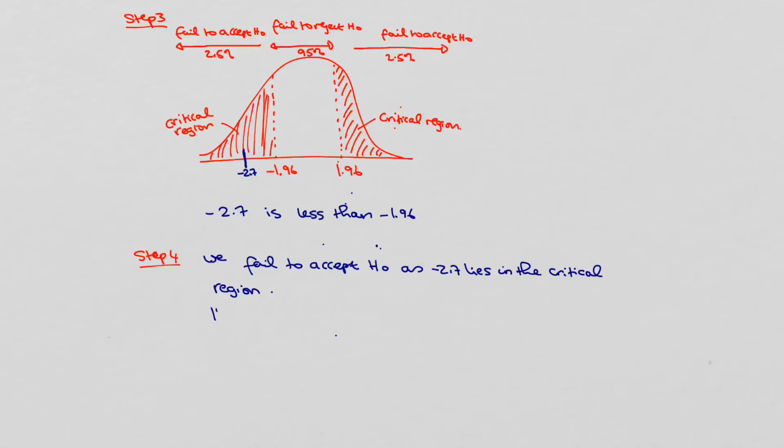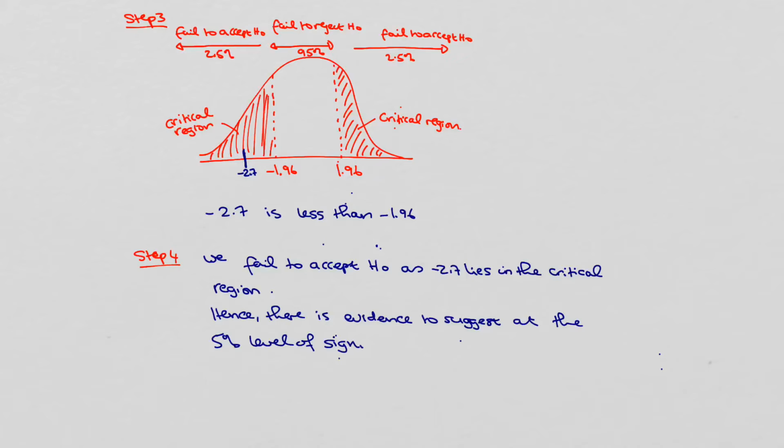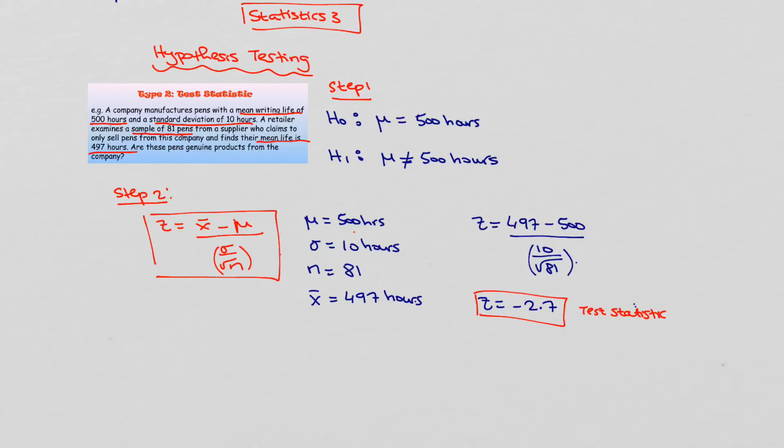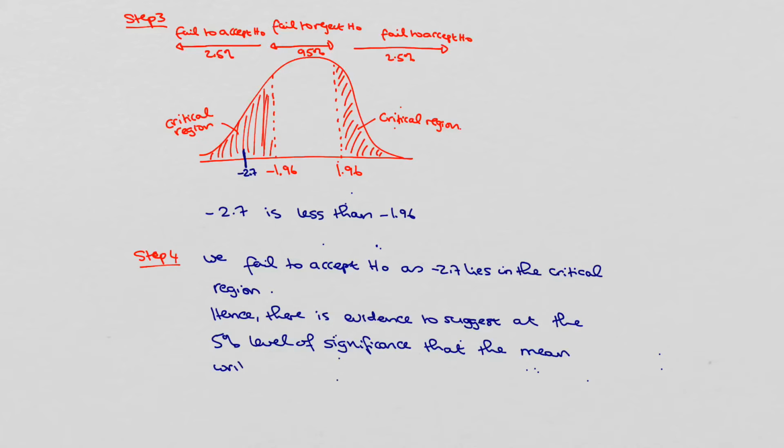So we say, hence, there is evidence to suggest at the 5% level of significance that the mean writing life of the pens has changed.